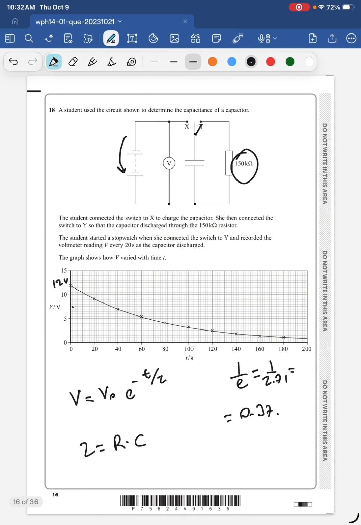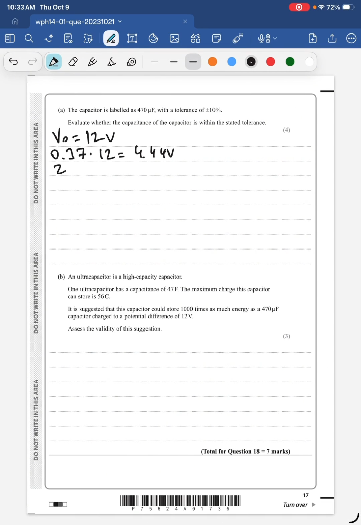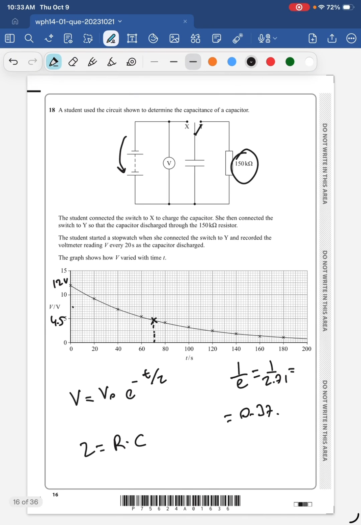How much time did it pass until the voltage drops to 4.44? Let's go to the graph. So something like that. So tau is about 70, and the time scale is seconds.